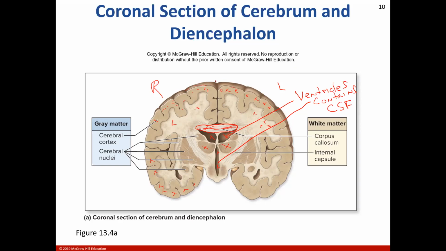Oh, and there's a fissure right in the middle, which wasn't mentioned before. A fissure that separates the left and right hemisphere above the corpus callosum is called a longitudinal fissure.